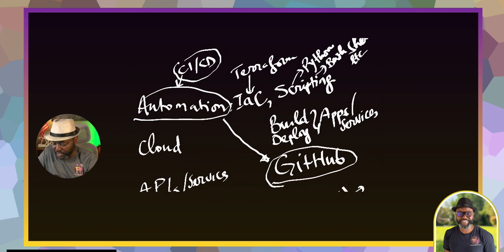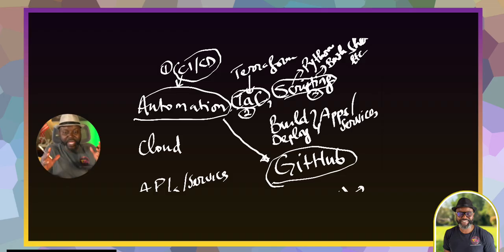Any questions about automation? We've talked about CI/CD, we've talked about IaC, and we've talked about scripting. Those are your main tools that you have used throughout this program to automate the provisioning of your infrastructure and automate anything as part of your daily work.